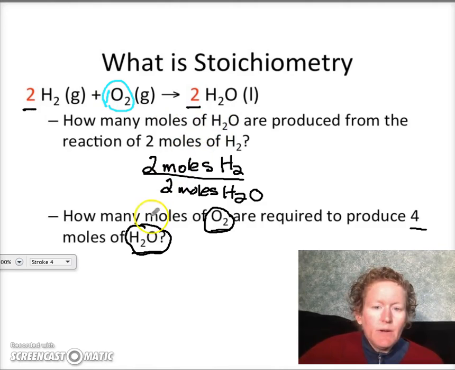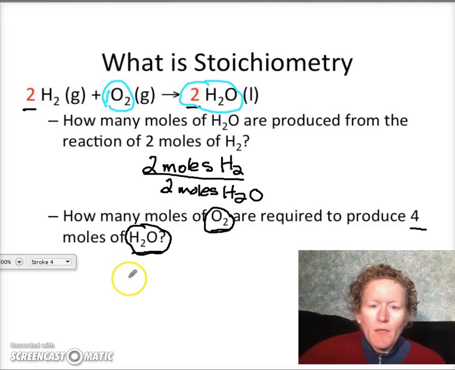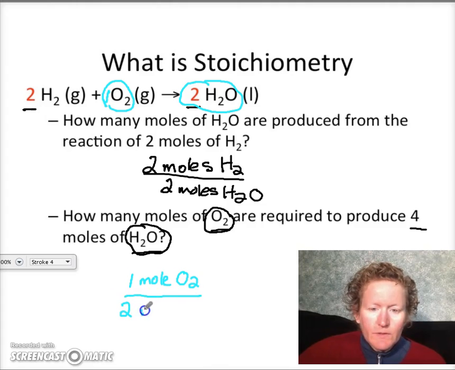Remember, if we don't see a number, it's 1. And the coefficient here is 2. So we have 1 mole of oxygen to 2 moles of H2O.